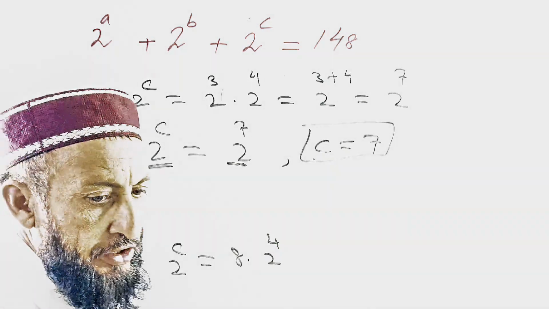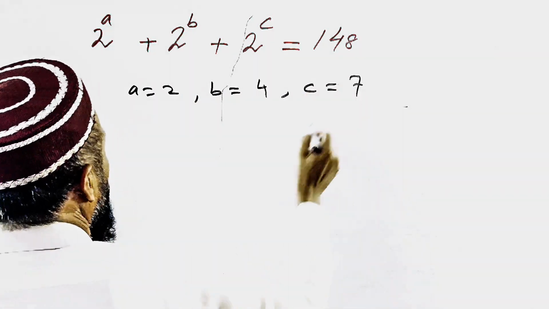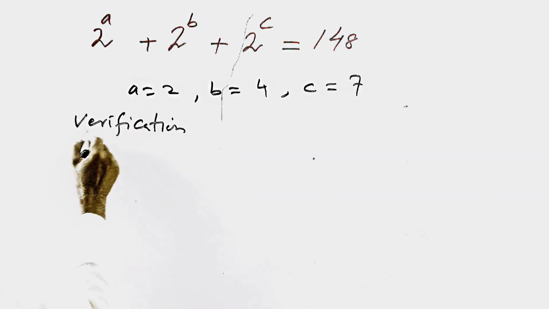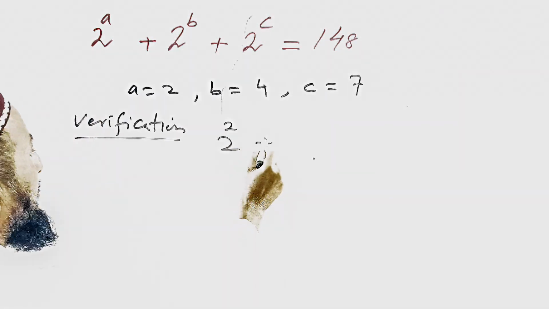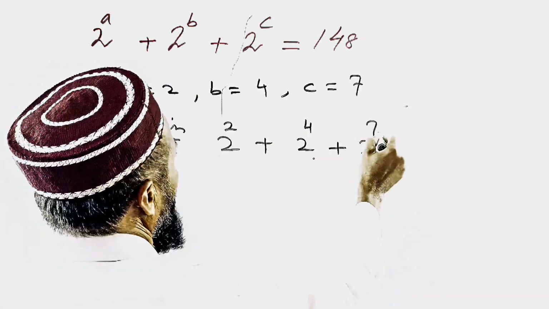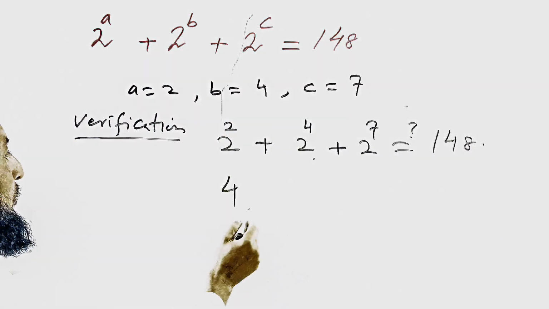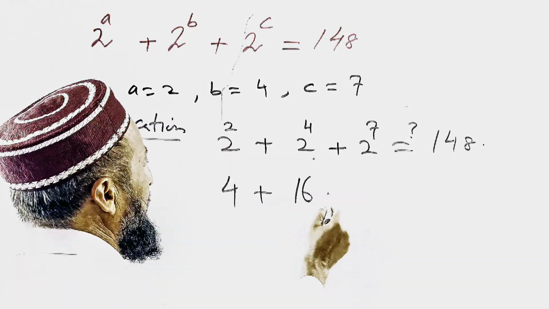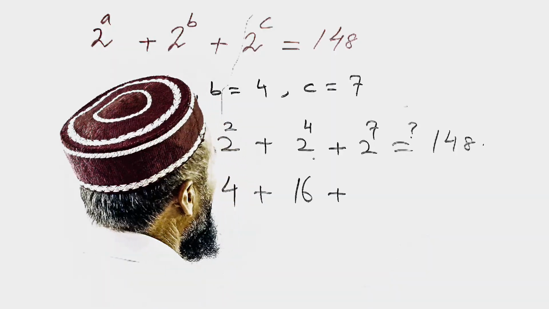If you want verification, a is equal to 2, b is equal to 4 and c is equal to 7. Now verification: 2 exponent of a is 4, plus 2 exponent of b is 2 exponent of 4, which is 16, plus 2 exponent of 7, which is 128.